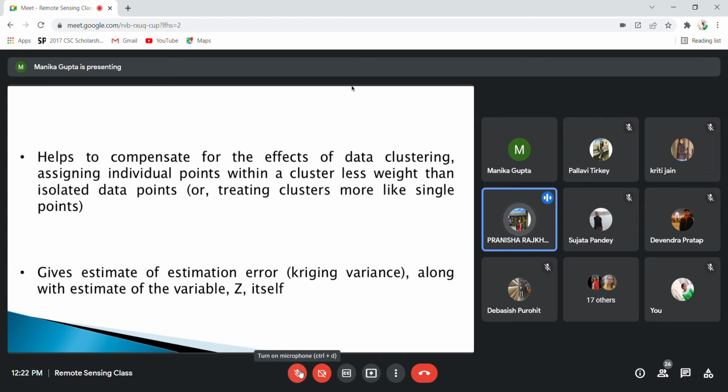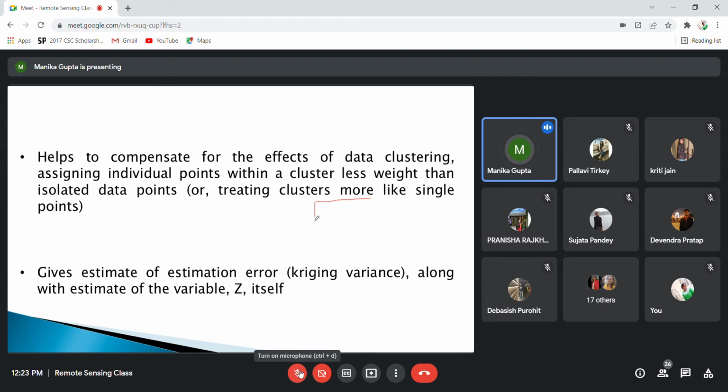Ma'am, please repeat once. I'm saying when you have the IDW method, what were we doing? We were taking each known point individually, right? Each individually, and we were assigning weights based on the distance and the value of that parameter. That is what we did in IDW. Okay, so I'll just show it again as a raster here.